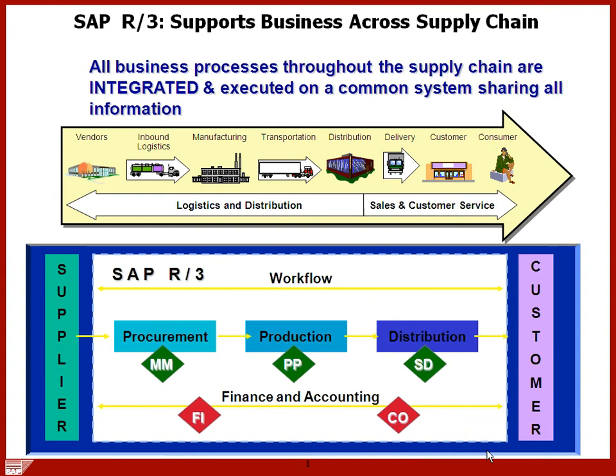Now, look here. This is what we call a supply chain image. You see on one extreme you have a vendor, on the other extreme you have a consumer. In this linear diagram, there is something called inbound logistics and also something called outbound logistics.